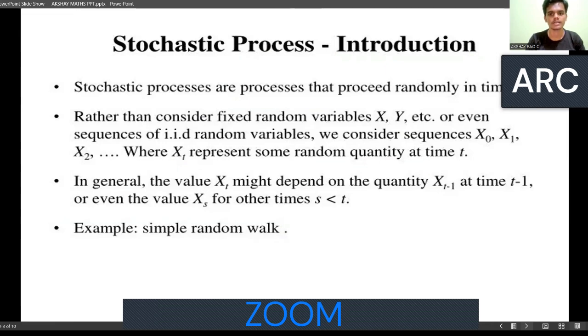Time is nothing but t. In general, the value of Xt might depend on the quantity Xt-1 at time t-1, or even on earlier values. For a stochastic process, we can take a simple random walk as an example.